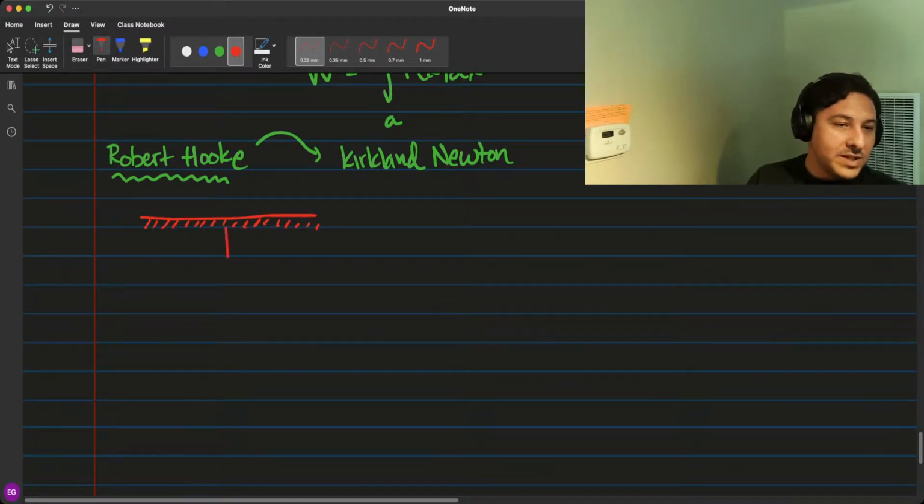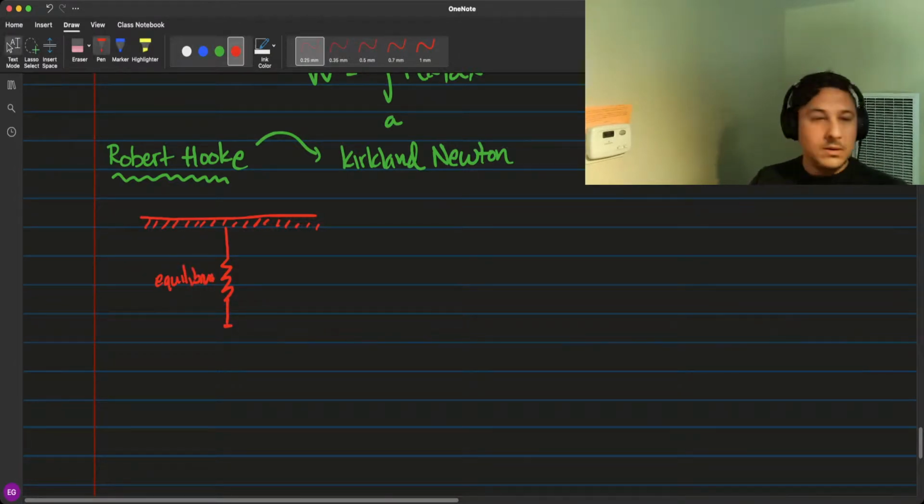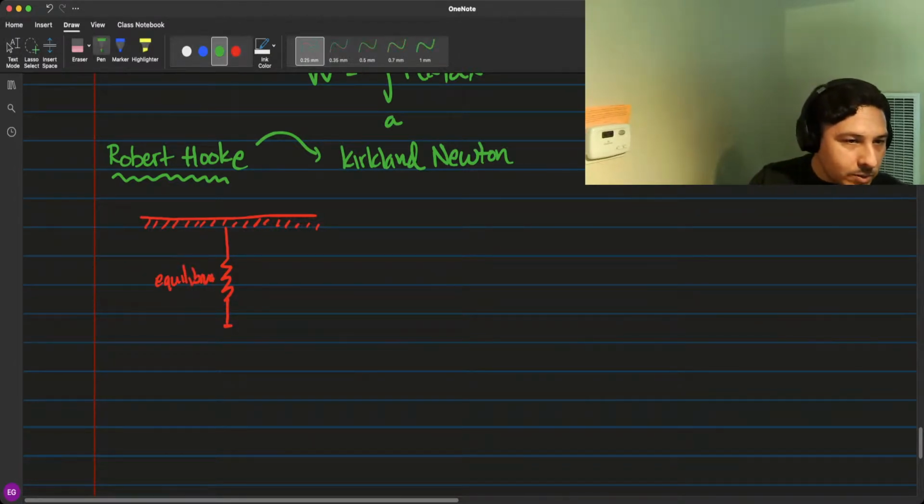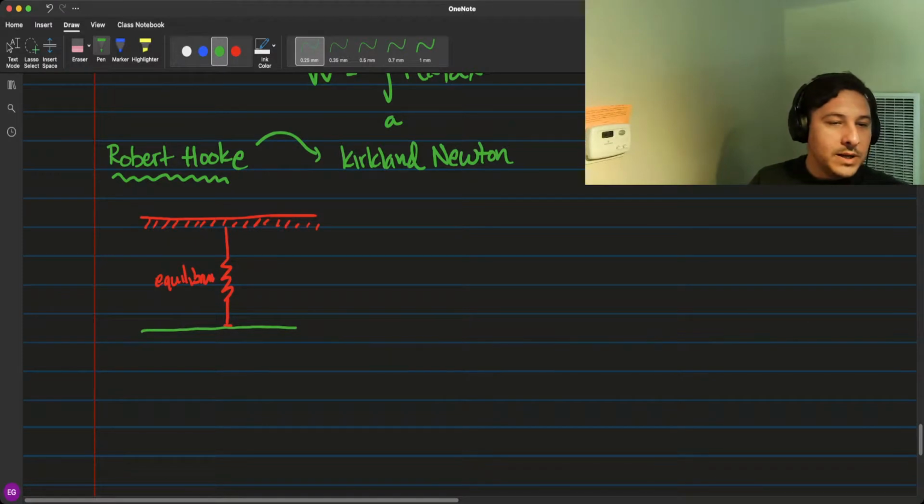So let's say you have a spring. This is the spring at equilibrium. This is going to be the point from which we measure. And this is what Hooke noticed.